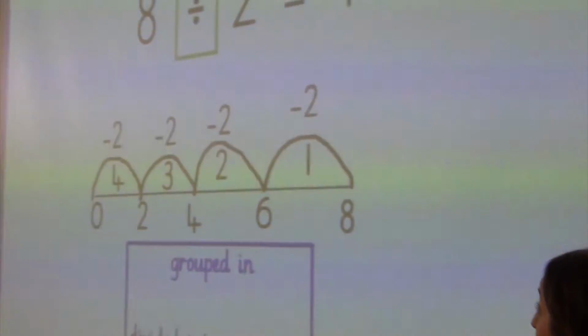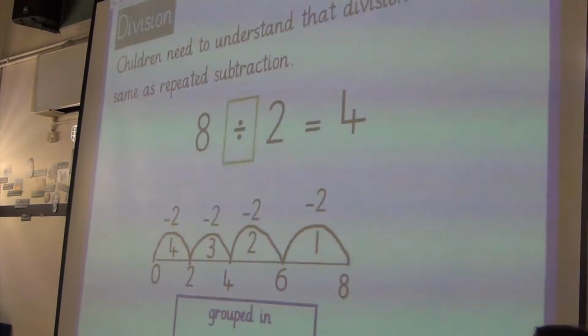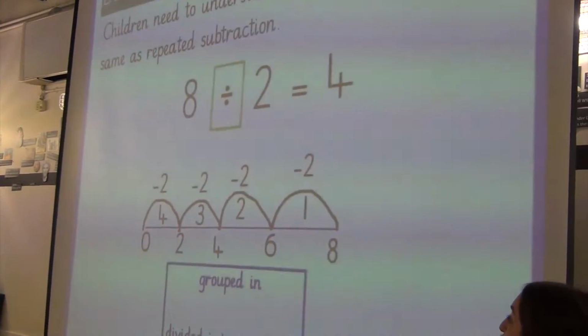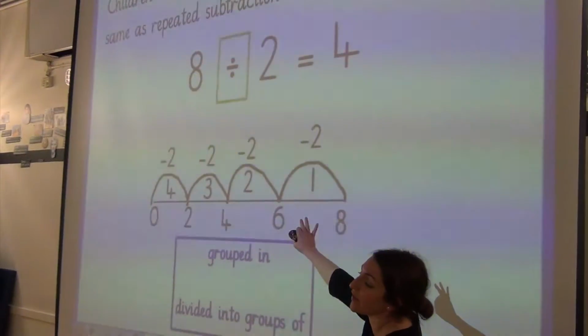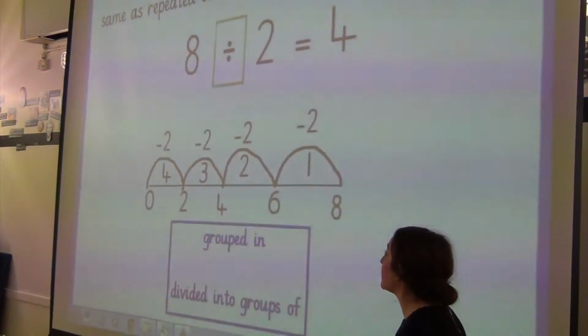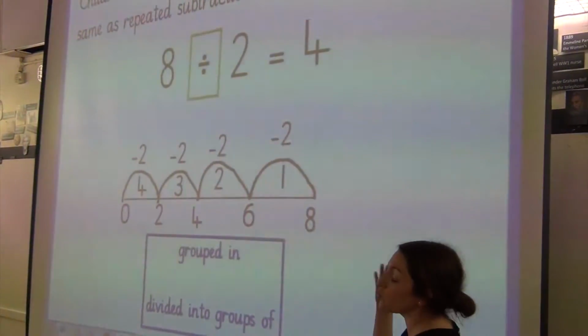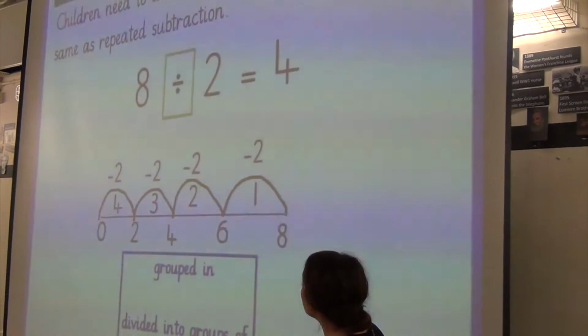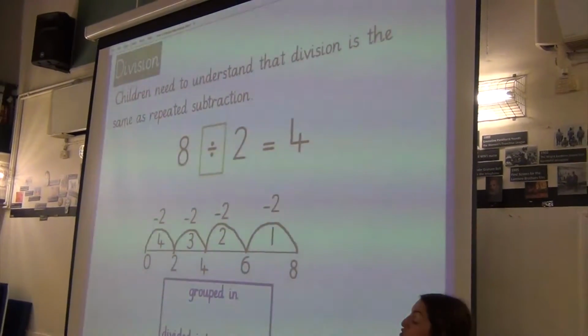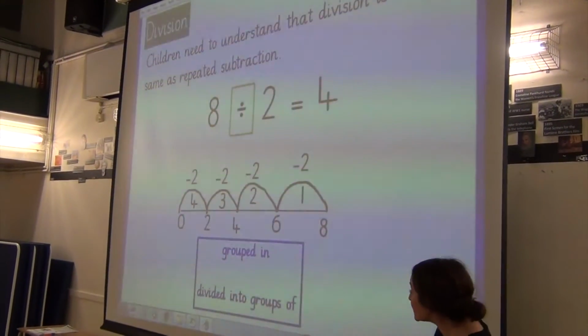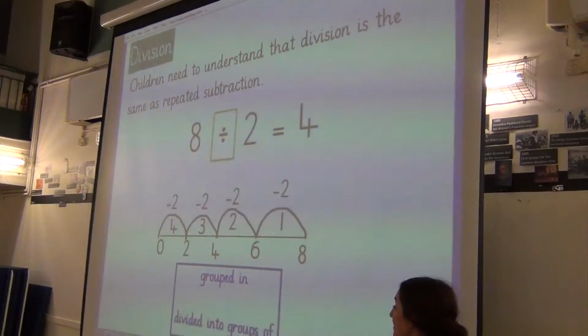In Year 2, children need to understand that division is the same as repeated subtraction. What we taught them this year is that when they look at a calculation like that, we would read it as 8 divided by 2 equals. But to help them when they've been working this out, we say 8 grouped in 2 equals, or 8 divided into groups of 2 equals.